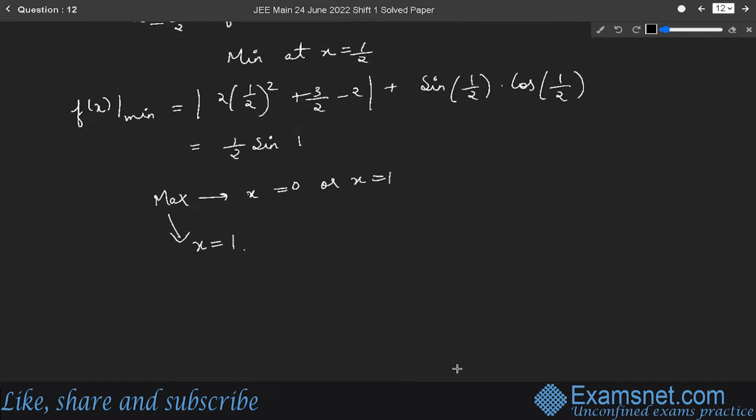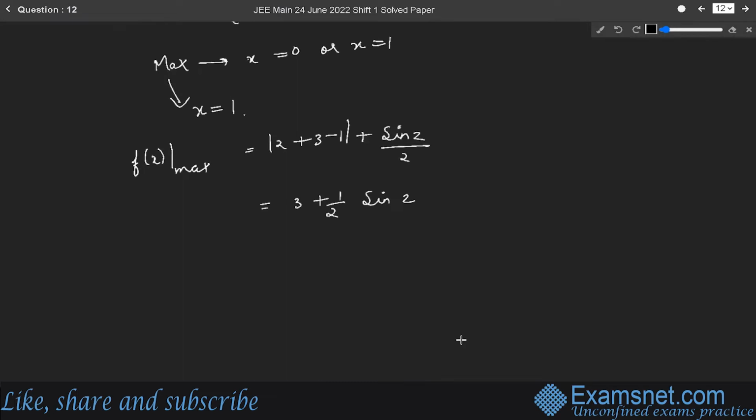Now, f of x at maximum will be equal to mod of 2 plus 3 minus 1 plus sine 2 divided by 2. So it will be equal to 3 plus 1 by 2 sine 2. Now we have both minimum and maximum value.